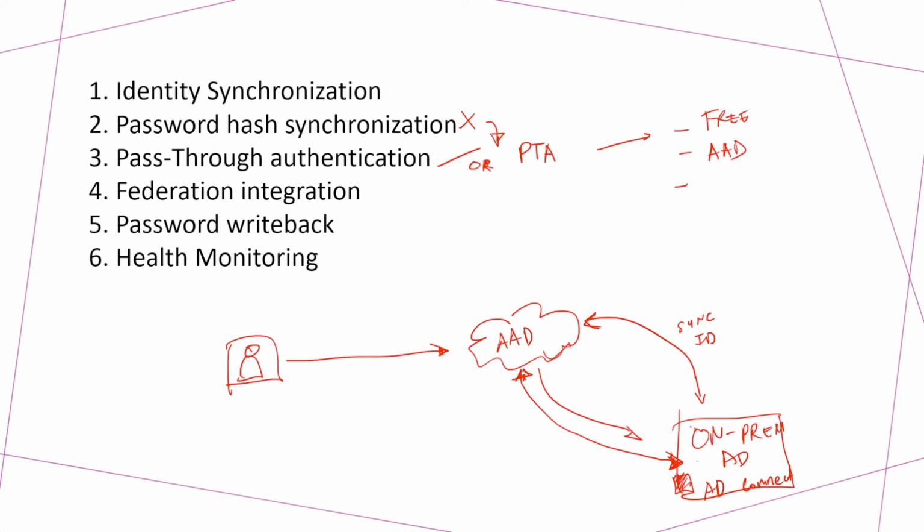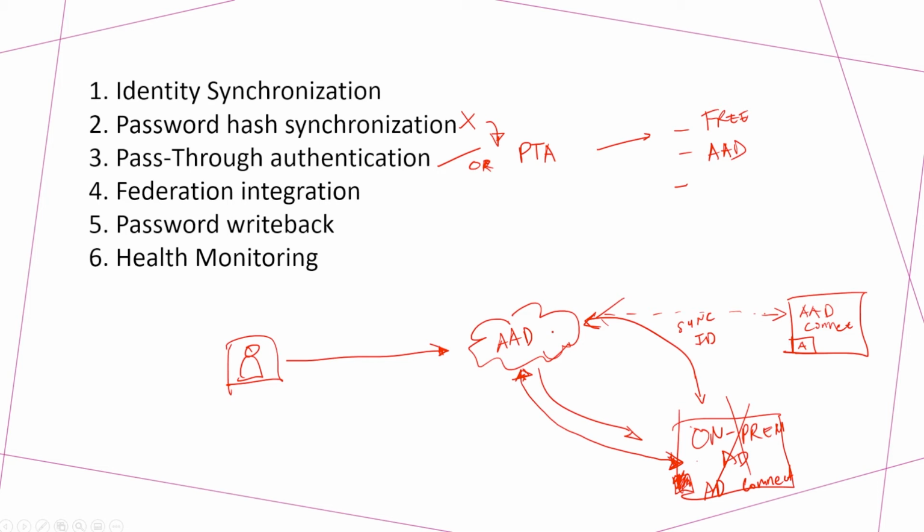Because it's agent-based, you can create another, let's say, Azure AD Connect server here with the pass-through authentication agent enabled, and it could serve as a backup. So let's say this server died, you're going to have a backup server for that.